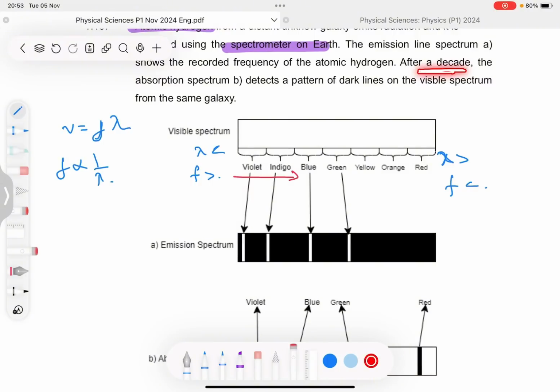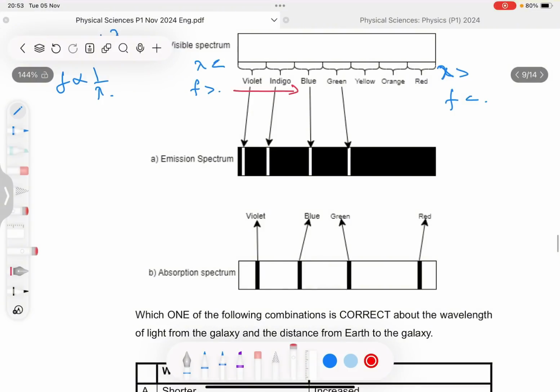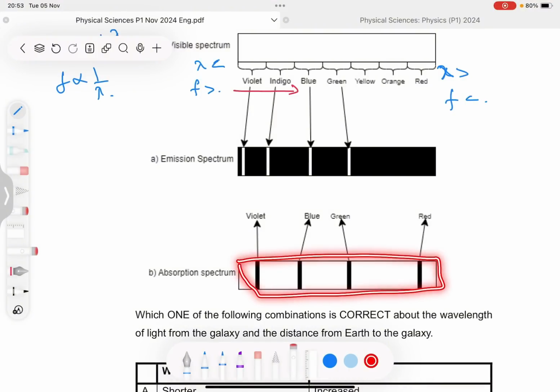Now, after 10 years, a decade later, we run the same experiment, right? But in this case, we use the absorption spectrum. The absorption spectrum is exactly the opposite of the emission spectrum. It shows the visible colors: the violet, indigo, blue, green, orange, and red.